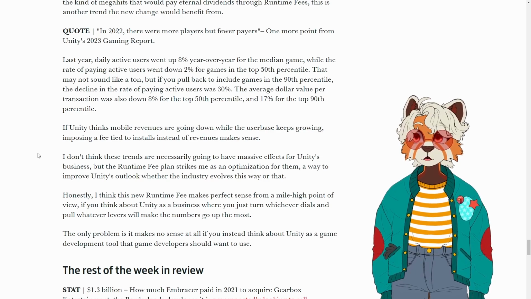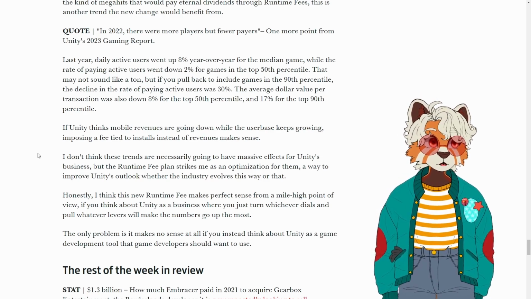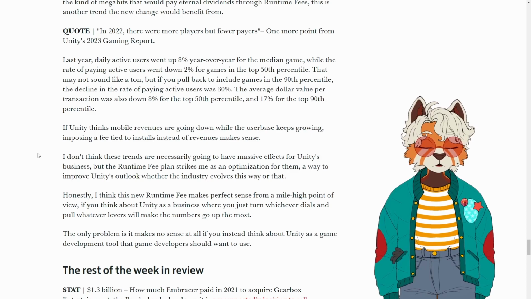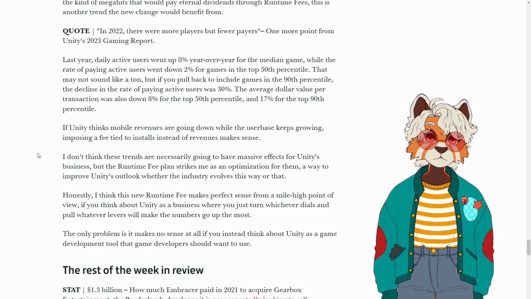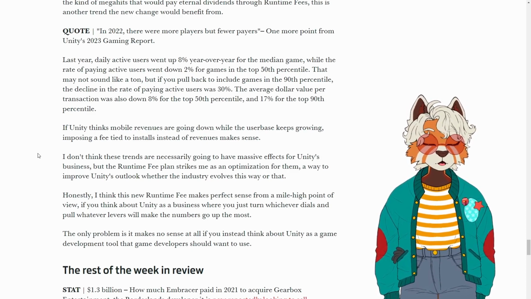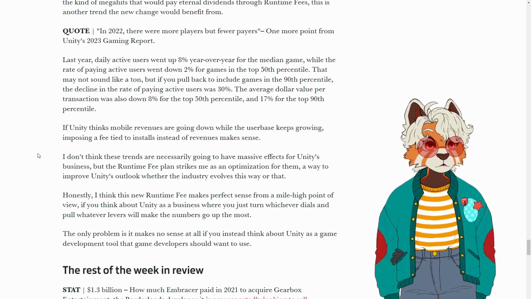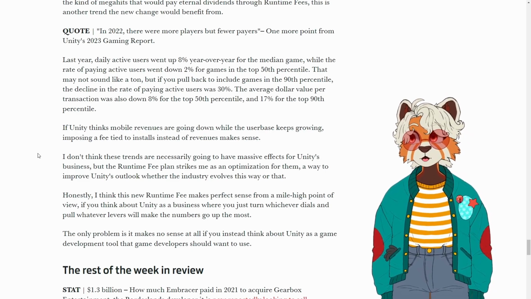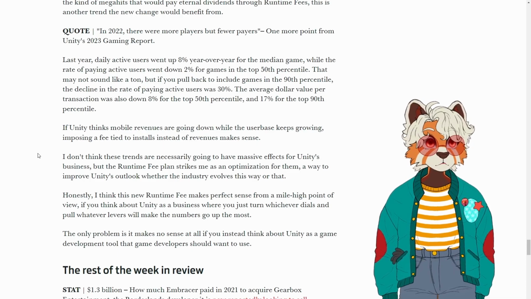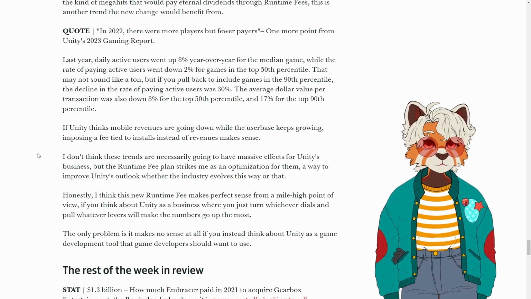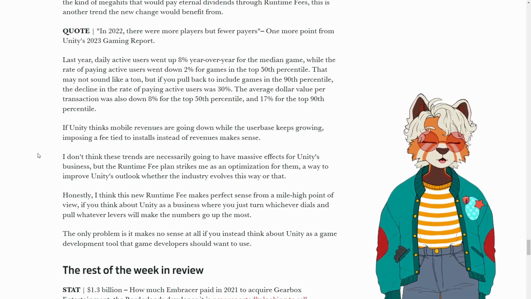One of the most core aspects of that is the choice of engine. It is not easy to port a game from one engine to the other. In some cases, I think it's functionally impossible. So you need to know that you can trust the engine you're building the game in, especially if you're looking to sell it.